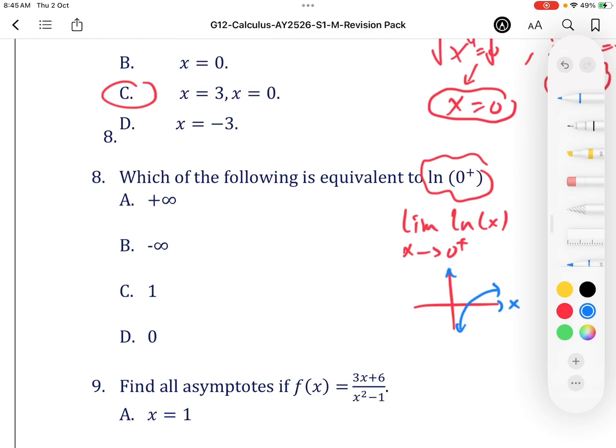This is x and this is y. So this is 0, and 0 from the right is this one. The graph approaching 0 from the right is going down, so negative infinity.